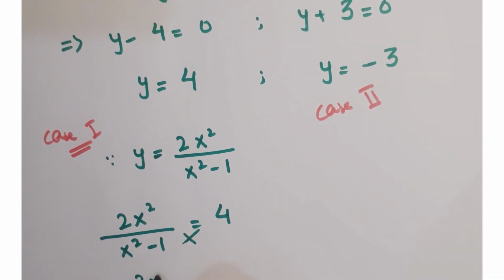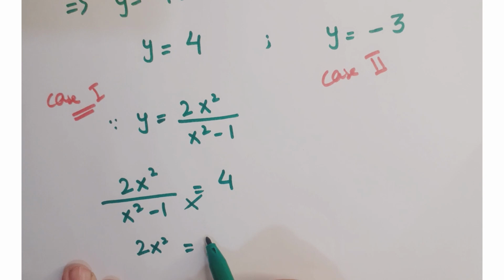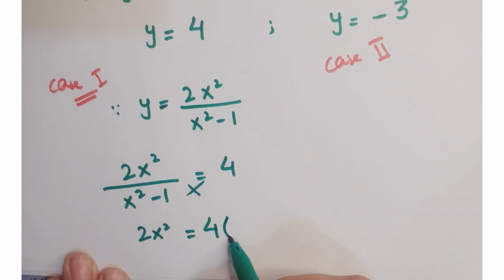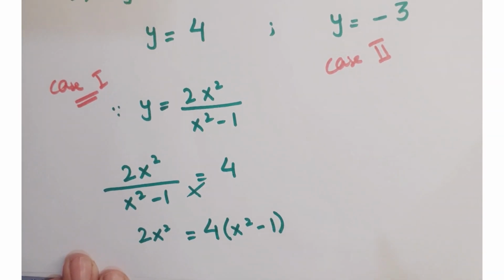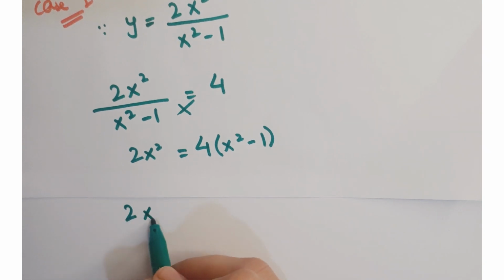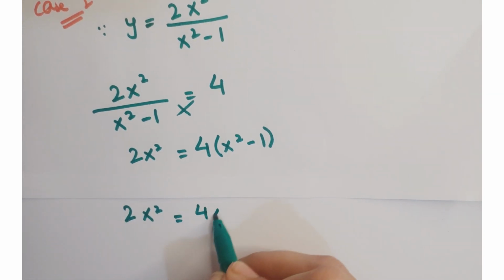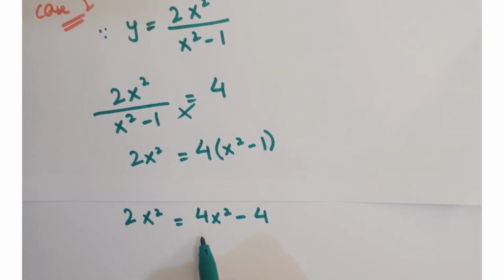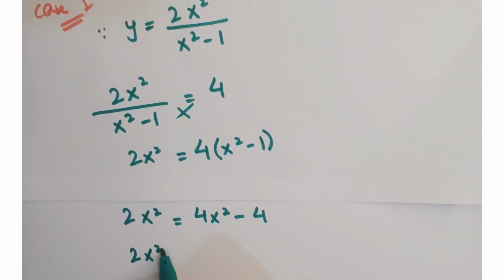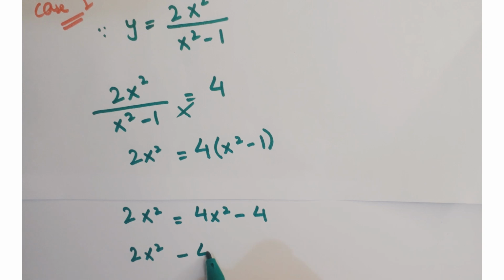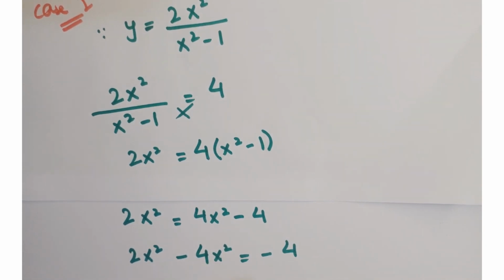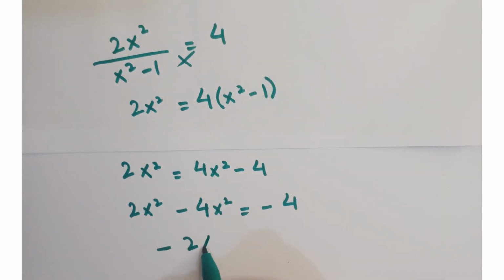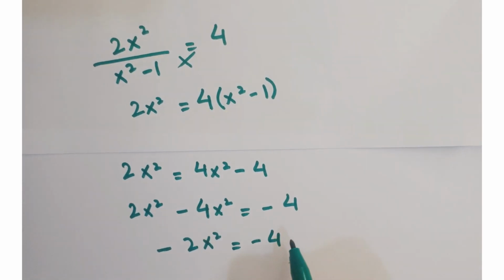So you get 2x² = 4(x² - 1). Further, you can write this as 2x² = 4x² - 4. Further, just bring this 4x² to the left hand side. You get -2x² = -4.